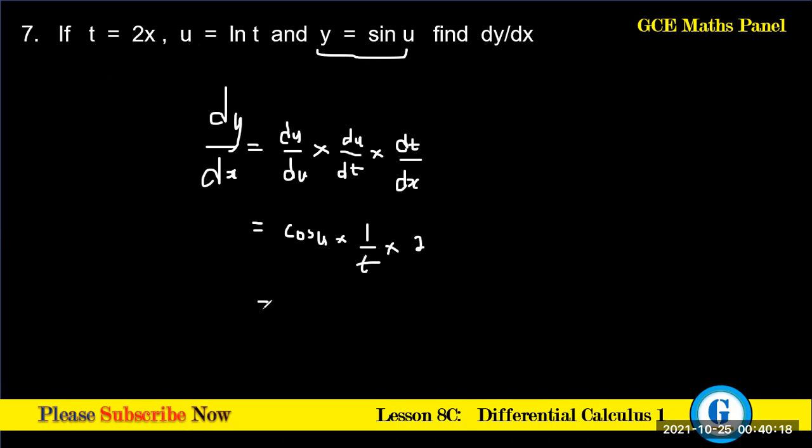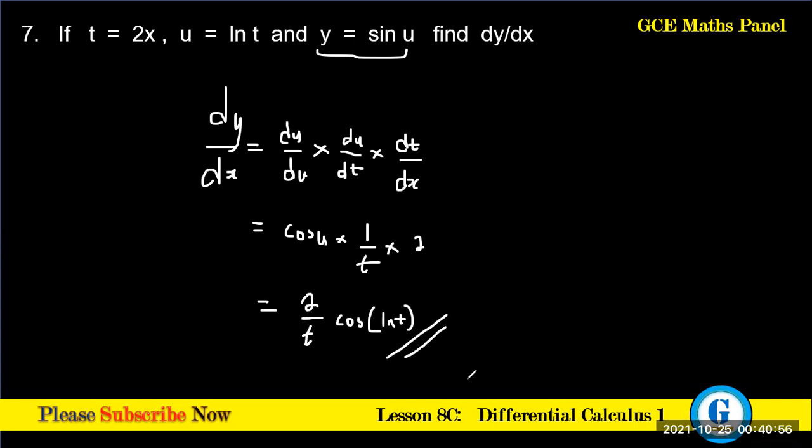So at the end, we are going to have 2 over t cos u, but we know that u is equal to ln t. So we have the cosine of ln t. So you have expressed everything in terms of t. This is our dy dx, okay? Yes, so from here we can replace these parameters and give everything in terms of x if you want to.